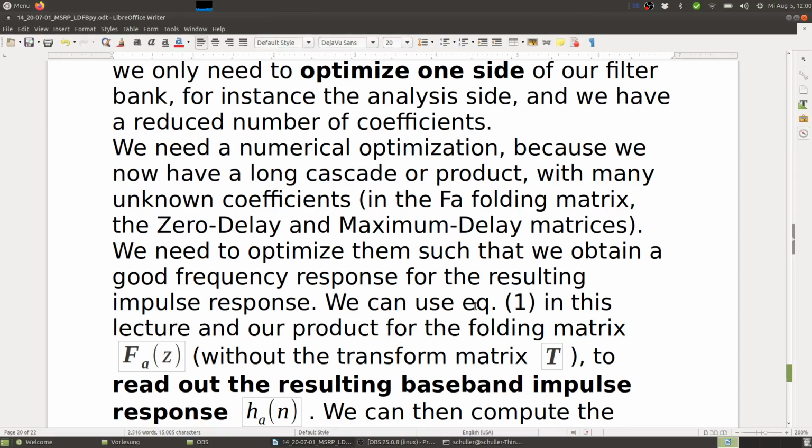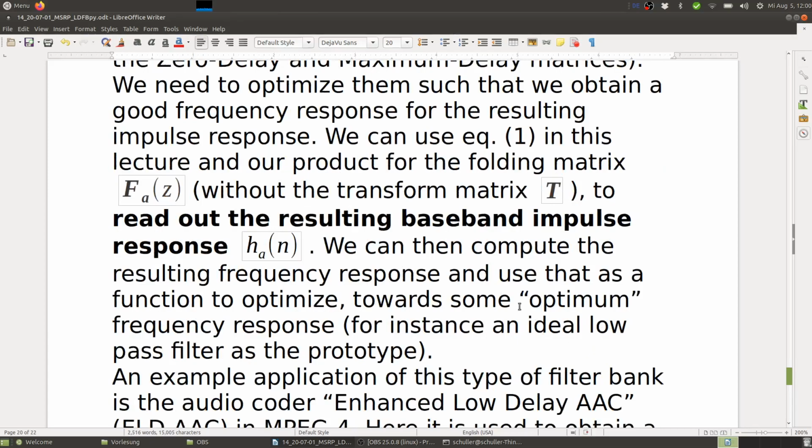We can use equation 1 in this lecture and our product for the folding matrix FA of z without the transform matrix T to read out the resulting baseband impulse response HA of n. Right? So this gives us then HA of n, and then we can apply optimization to this HA of n, such that we obtain coefficients which give us the best frequency response.